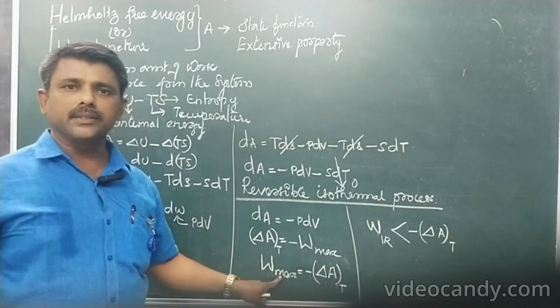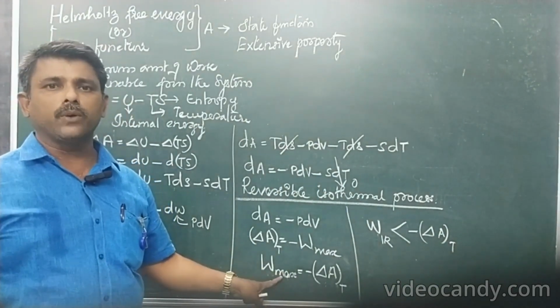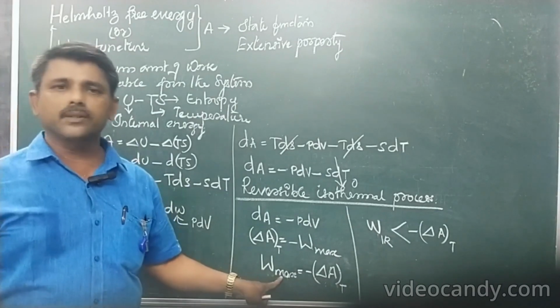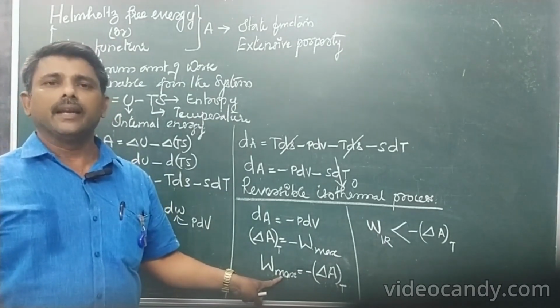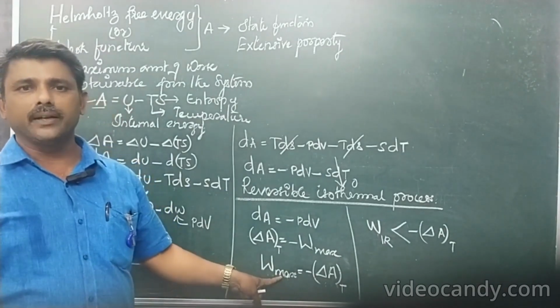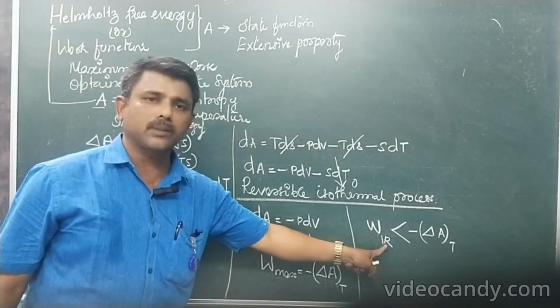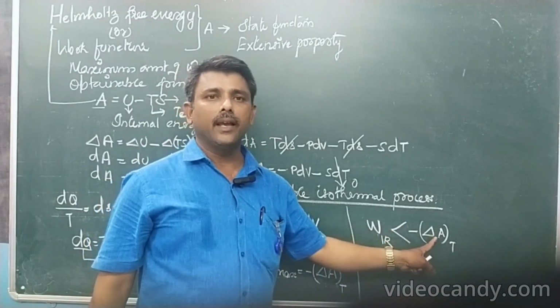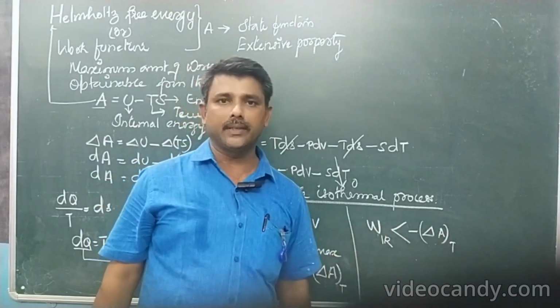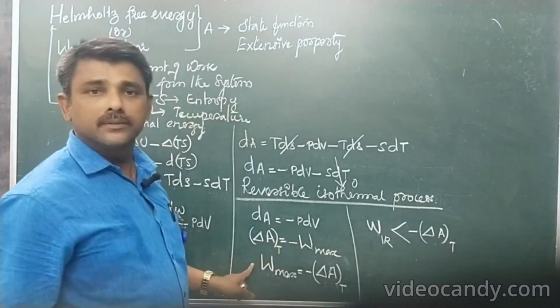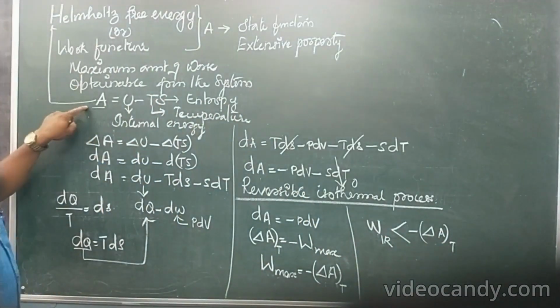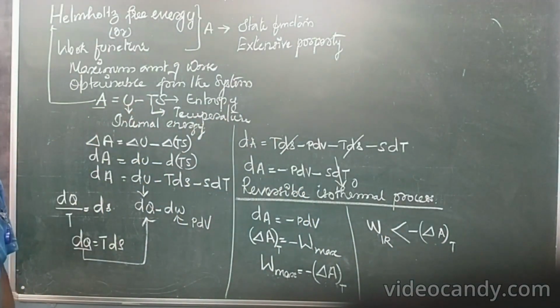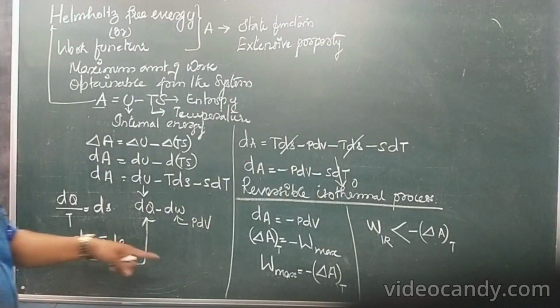For a reversible process, this is the limit, the maximum amount of work that can be obtained. For an irreversible process, definitely a lesser amount of work can be obtained. This equation, A is equal to U minus TS, leads to the application of Maxwell's relation.